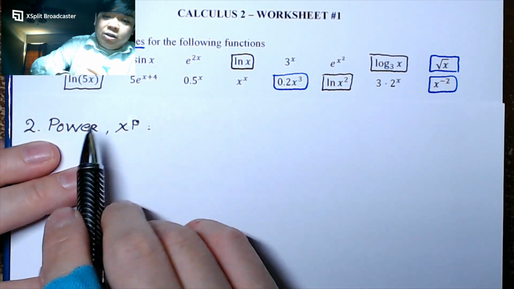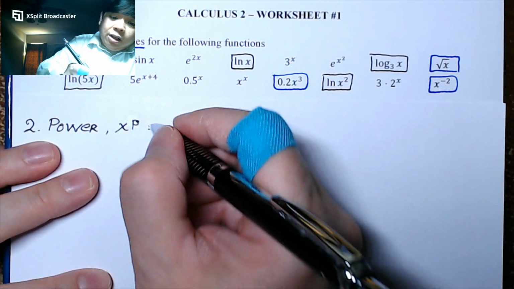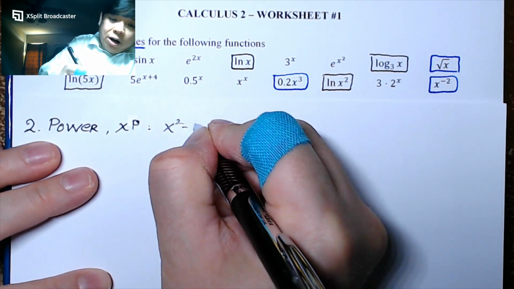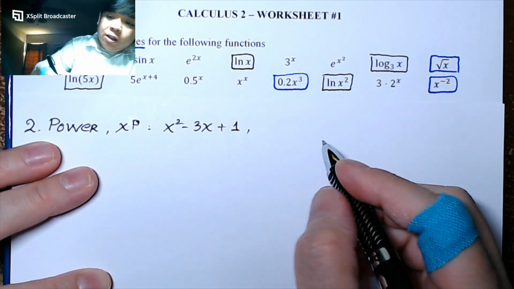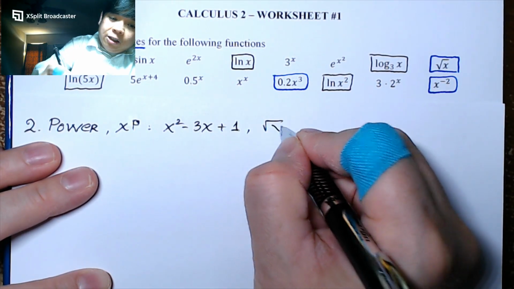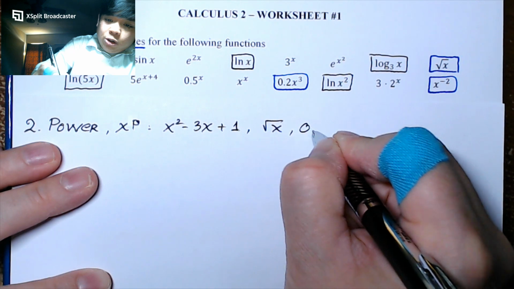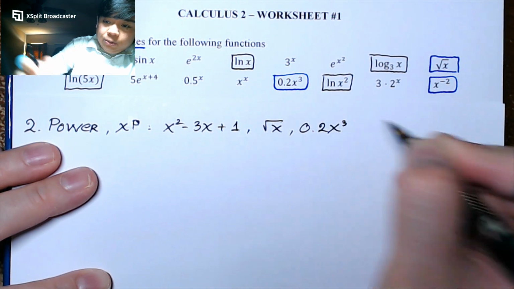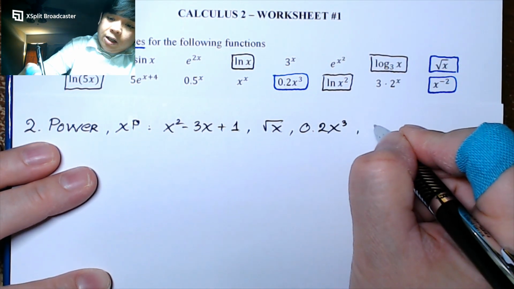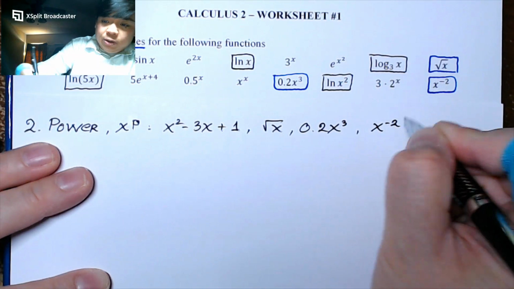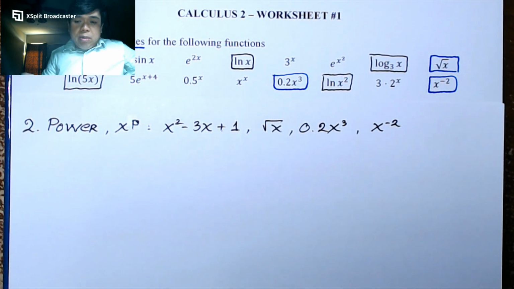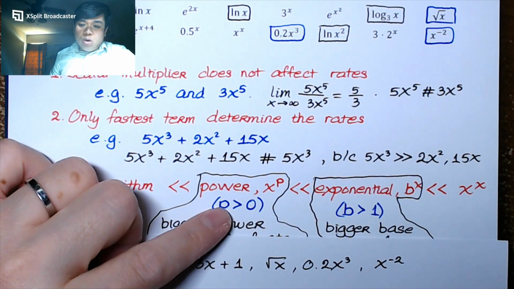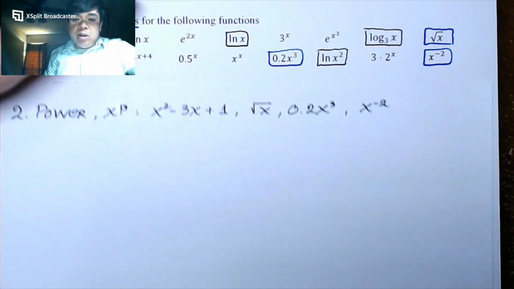Let me write out this function. x squared minus 3x plus 1, square root of x, 0.2 x cubed, and x to negative 2. Okay, now let's look at each one of them. They'll say, wait a minute, I just say the power is positive, of course, but what happens if we have negative?